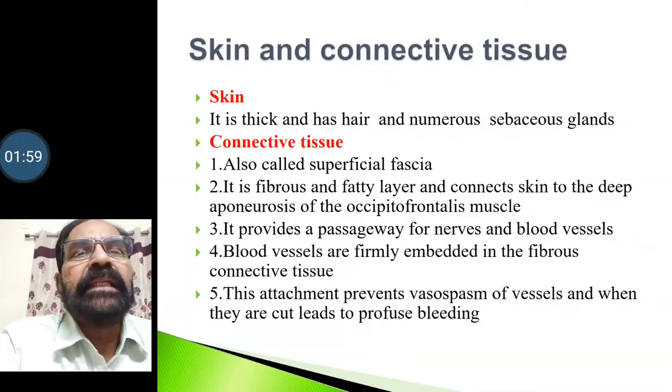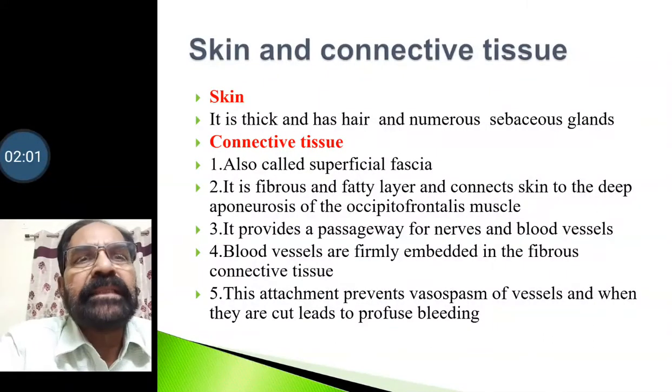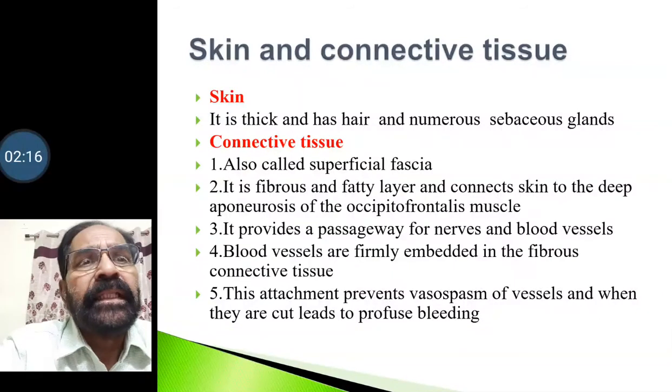The skin is thick in the scalp, and it has hairs and numerous sebaceous glands. The connective tissue is also called superficial fascia. It is fibrous and fatty and connects the skin to the deeper aponeurosis of the occipitofrontalis muscle.